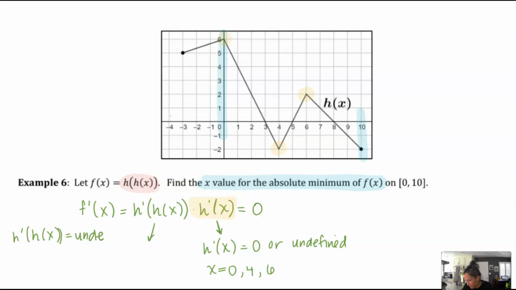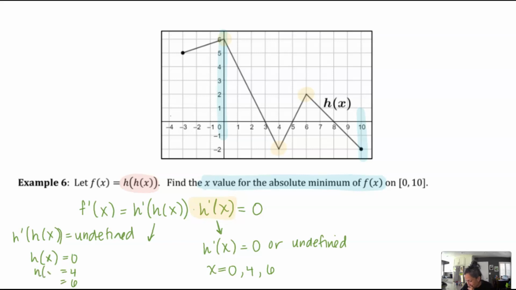I now know undefined is going to be my issue after all my babbling. So h prime of h of x is undefined when the input is equal to those things. Before it was just x is equal to; now it is h of x. Oh no, this is going to be horrible. Is 0 or 4 or 6.